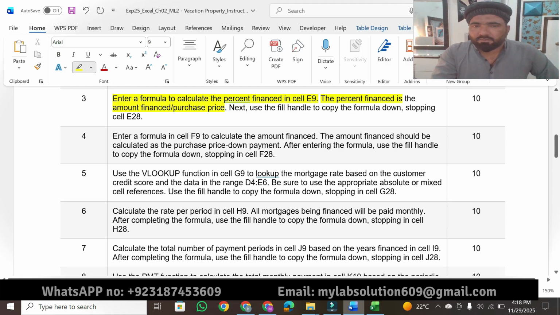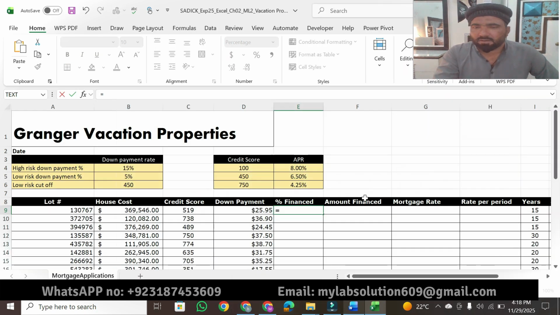So enter a formula to calculate percent finance in E9, and there we use: the percent finance is amount finance over purchase price. Where is the purchase price?